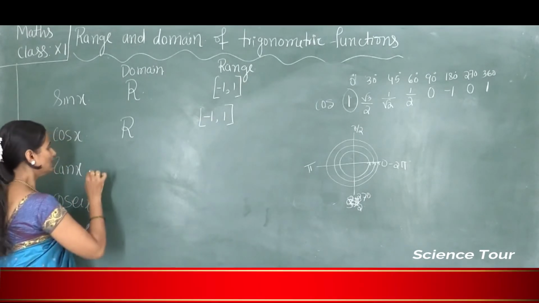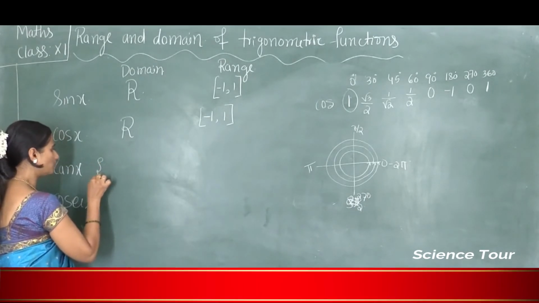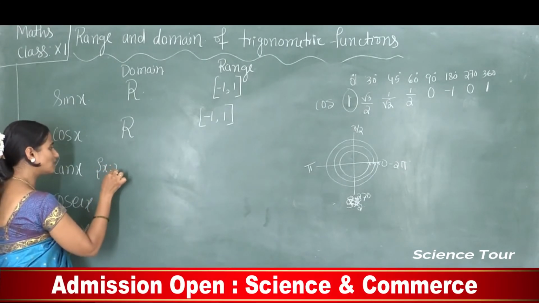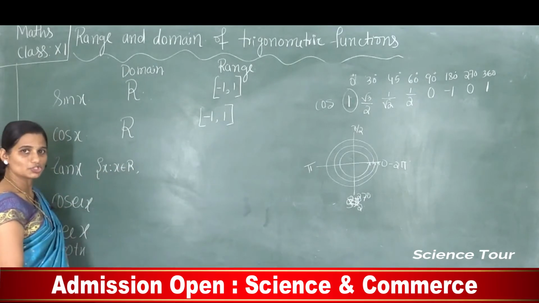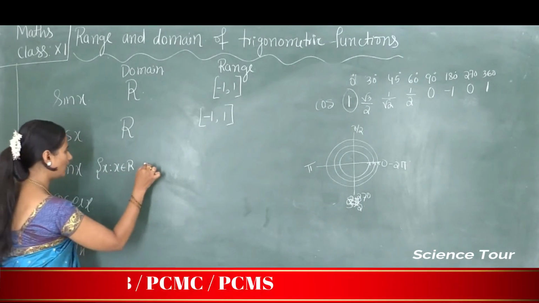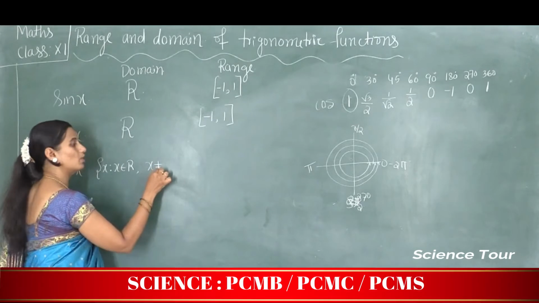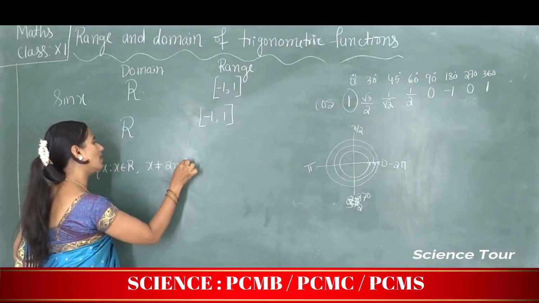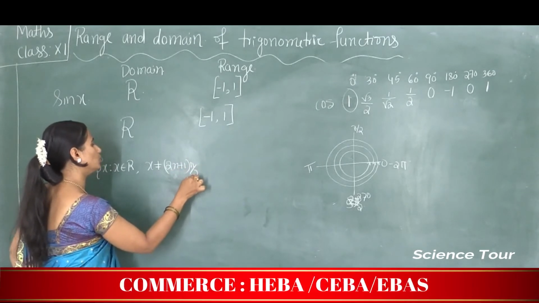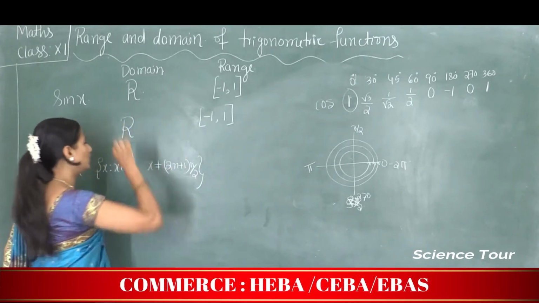Tan, I'll write. The domain is x such that x belongs to R and x should not be equal to (2n+1)π/2. This is your domain of this one.